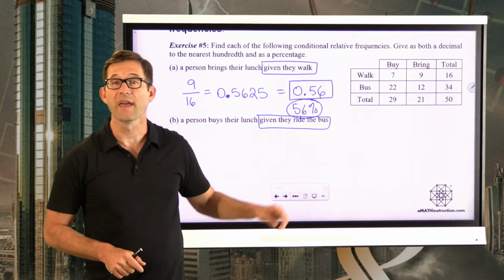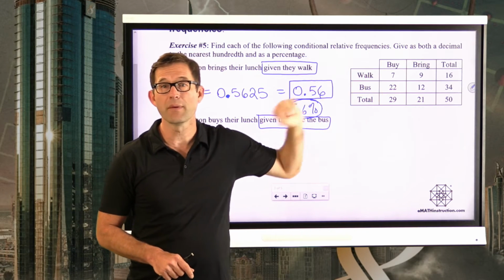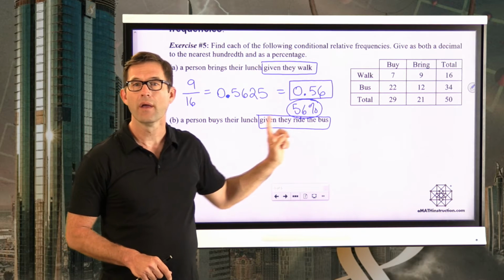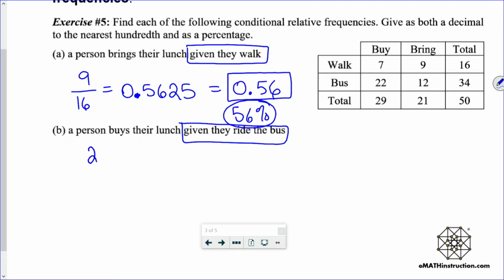All right, well in this case, 34 total people rode the bus. I don't care at all about the people that walked. And of those 34, the number of people that buy their lunch are 22. So 22 out of 34. Again, using my calculator.